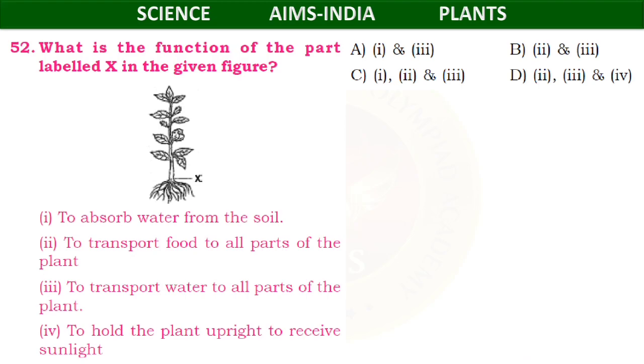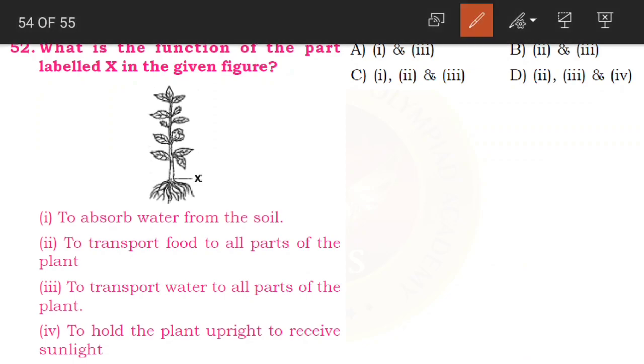What is the function of the part labeled X in the given figure? See children, here you have marked this part as X. What is this part children? This is the stem. So what is the function of the part? The options here are: first, to absorb water from the soil.